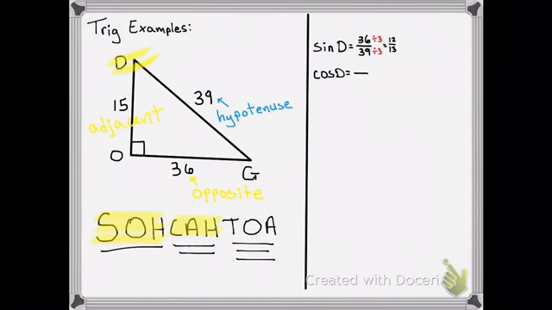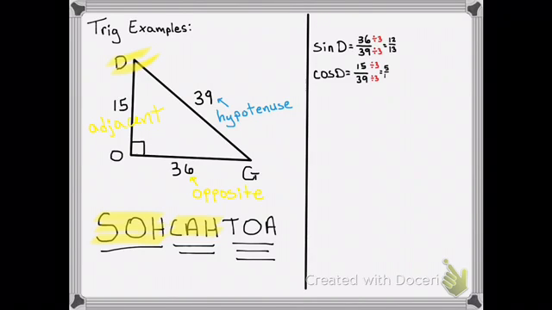The adjacent side measures to be 15. The hypotenuse measures to be 39, and so we get 15 over 39, which would be acceptable, but we want to put on the big boy, big girl pants and reduce that, so we're going to divide these. They, again, both divide by 3, not by 13, but by 3, and when we divide them both by 3, we end up with 5 over 13. That's the answer, 5/13. No problem.